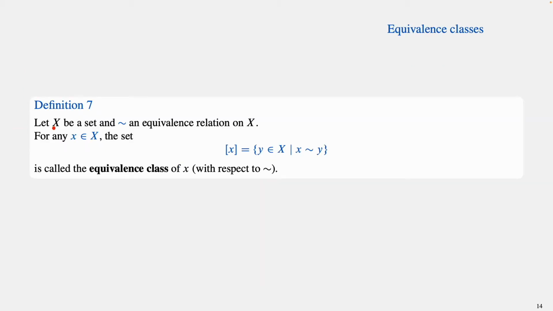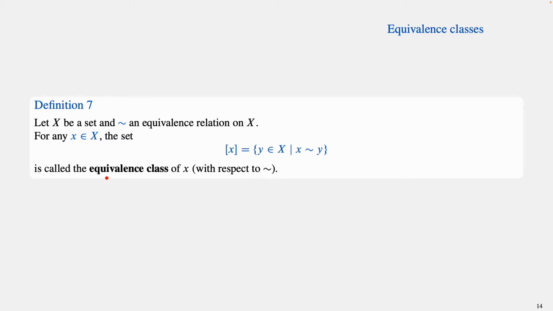Now, if X is a set and it has an equivalence relation tilde on it, then for any element x in our set big X, we can consider the set of all elements y in X that are equivalent to element x, and we write this set in the following notation: bracket x closed bracket.